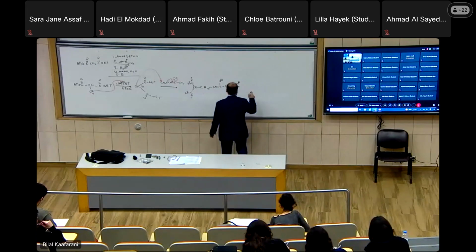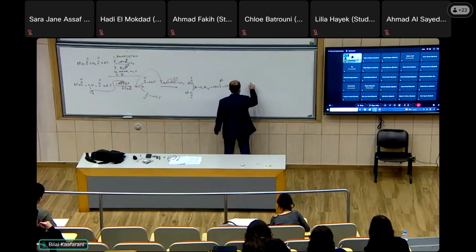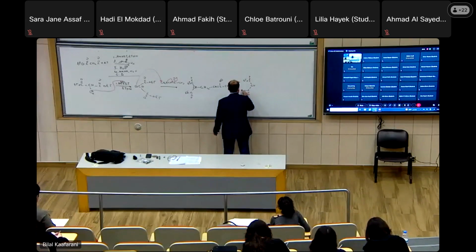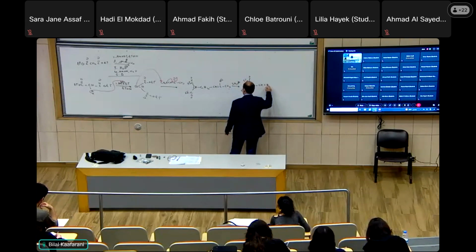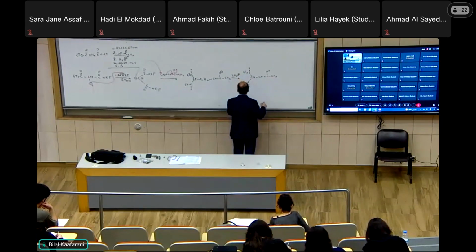Okay? So it is going to be CH, C double bond O, O ethyl, CH double bond C, OH, CH3, which will tautomerize into the keto.